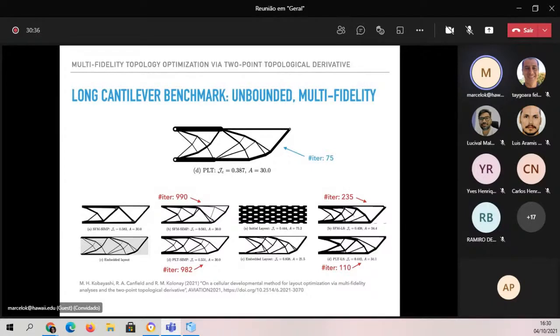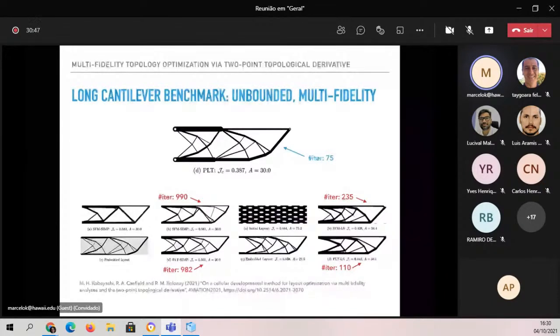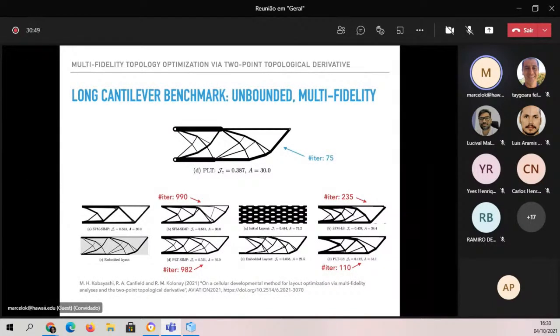So here's a result using now a multi-fidelity model and the optimization via the two-point topological derivative. We follow the procedure that I explained before, but instead of going to the frame, I do all of that directly on the skeleton. In this lower fidelity model, the skeleton lacks the thickness of the members geometrically, but you perform an optimization using beam models for them.